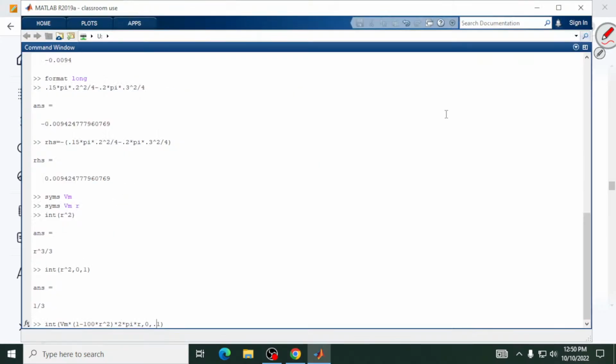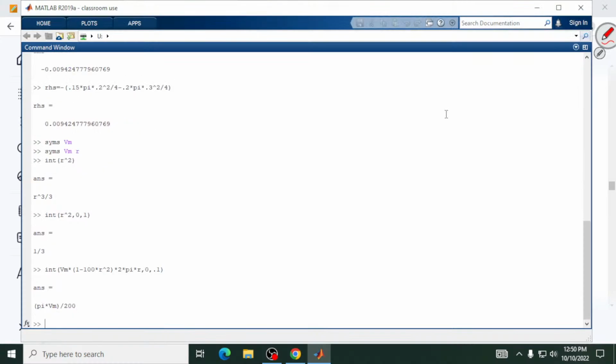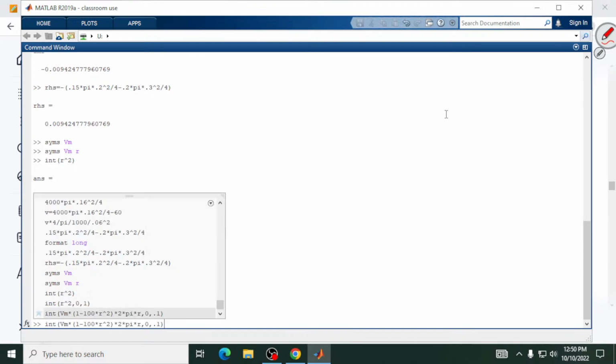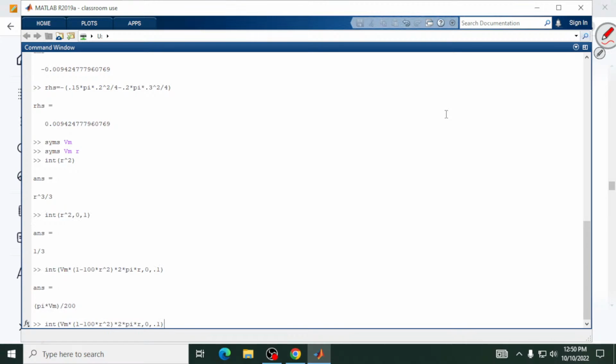Okay, so now I get an integral of that. So now I can take 200. You know what I'll do? I'm going to do this. Equals to, or I'll say this, minus the right-hand side. That is interesting.